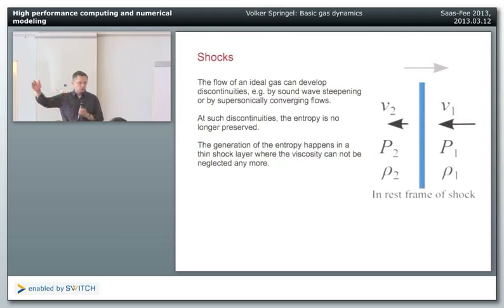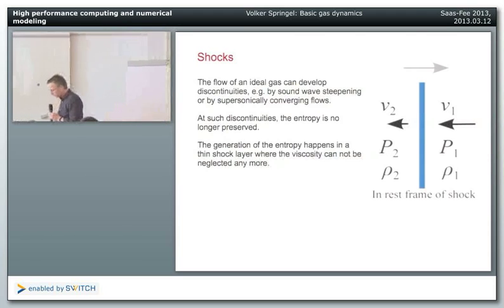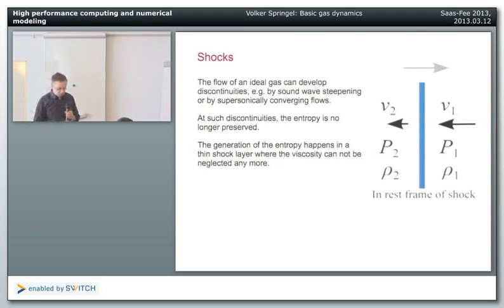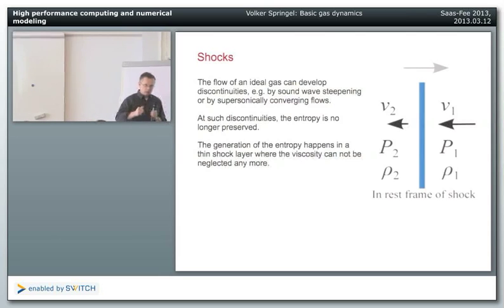And eventually you have a situation where the top tries to overtake the bottom of the wave, and the shape is not at all like a normal sine shape anymore. This phenomenon is called wave steepening. And then what will really happen before this wave breaks is that you develop discontinuities in the flow.